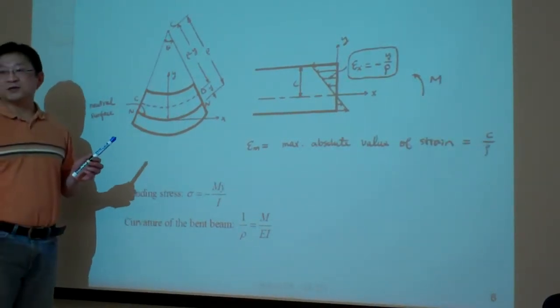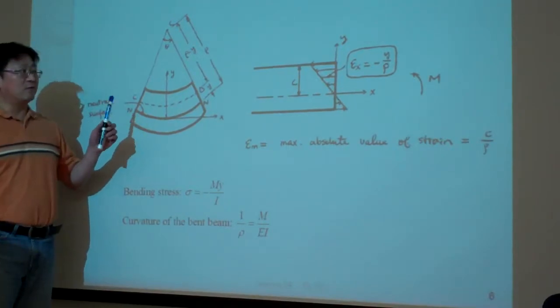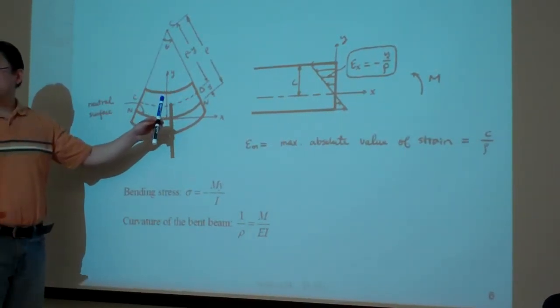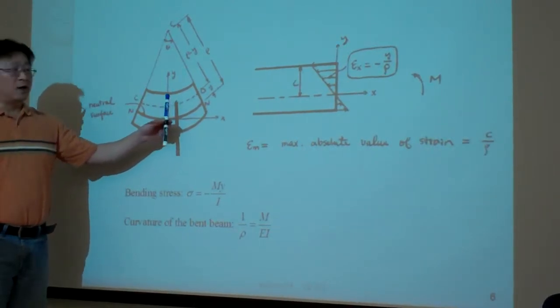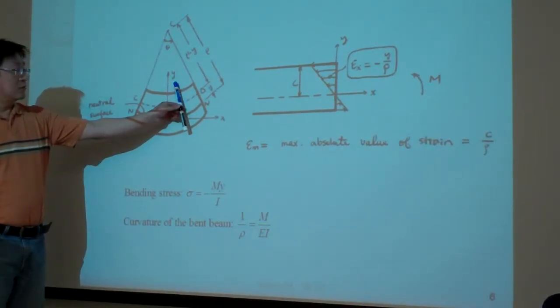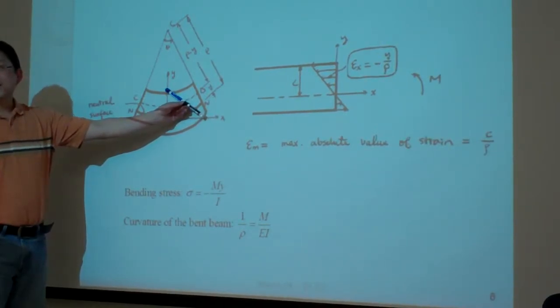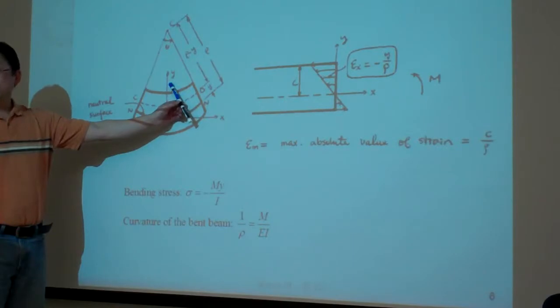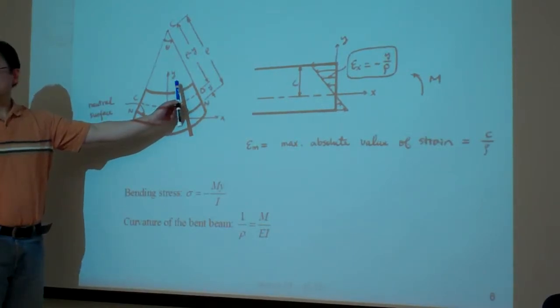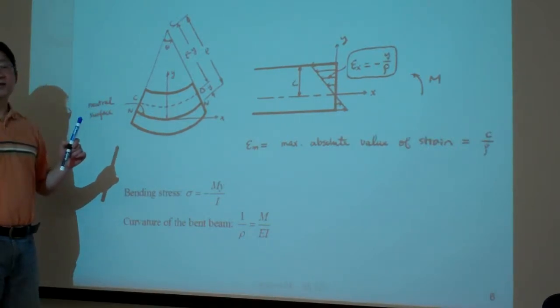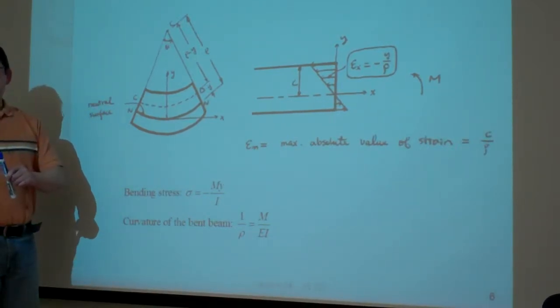In that situation, that violates our model, and we have to use a different model. If any cross-sectional plane is not maintaining 90 degrees, then that will locally induce further shear stress. That is beyond this class, and that is another model of the beam.